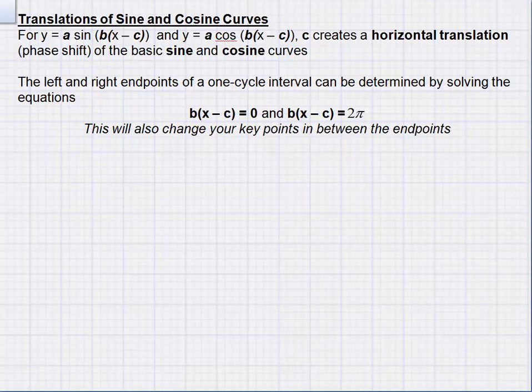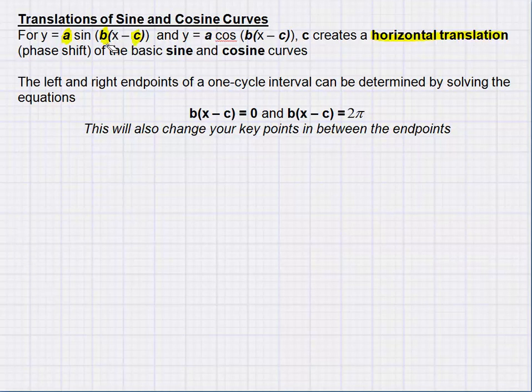Alright, so if we look at our function, we know a affects the amplitude, b affects the period, and now this new value, c, is going to affect the horizontal translation. And what we're doing is we're subtracting or adding, because this could be a plus in here, we're subtracting or adding inside the function.